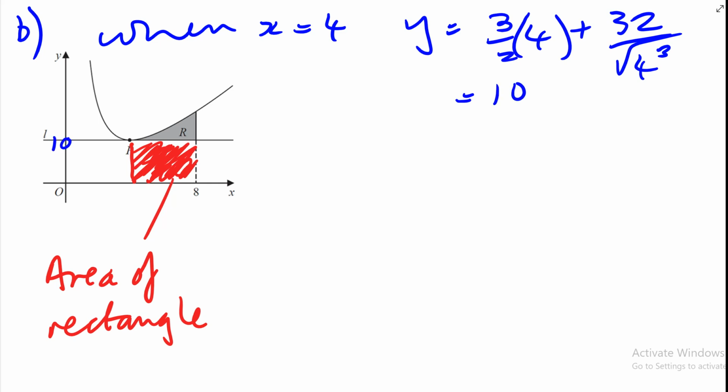So the height of that rectangle is 10. We know this is 4 down here. So the area of the rectangle is pretty straightforward: it's just going to be 4 times 10.